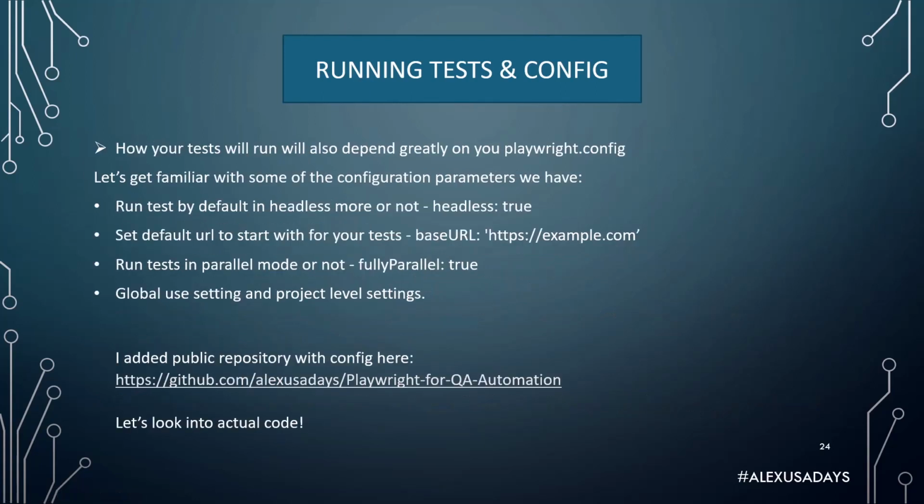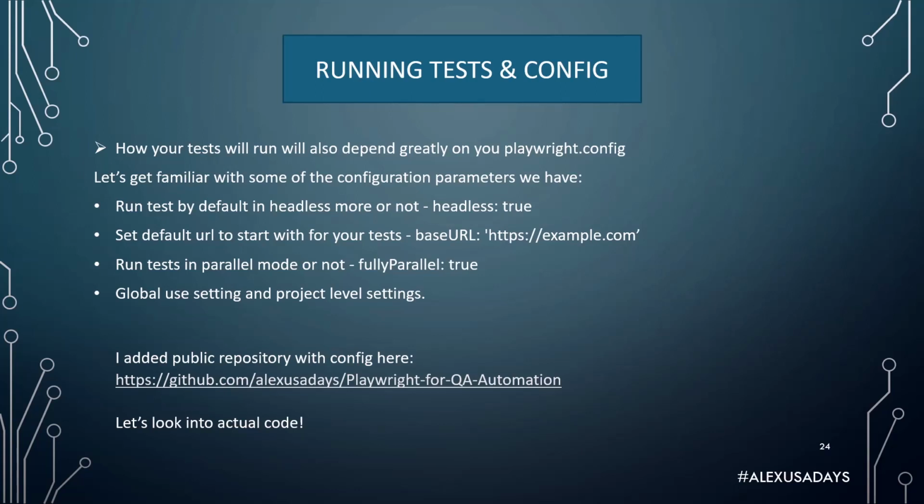Now, once we're done with the CLI, we'll take a look at the config, and there are different ways that you can configure your Playwright within the configuration file itself. There are some of the options that you can set. For example, you can set Playwright by default to run in headless mode or not. So set headless true or false, if you want to see a browser window, if you don't want to see it, right?